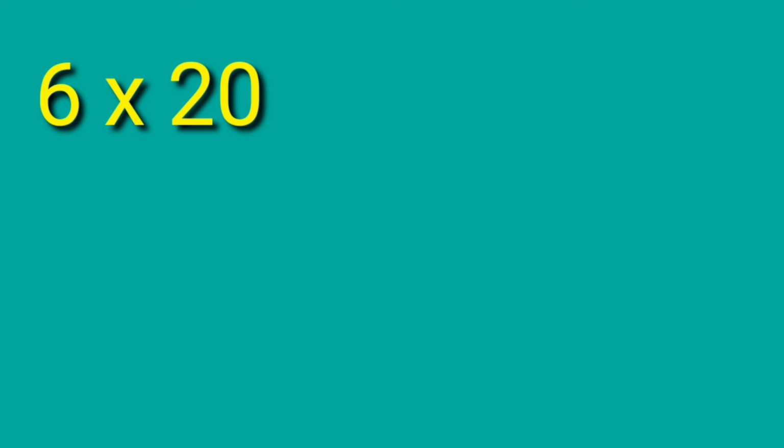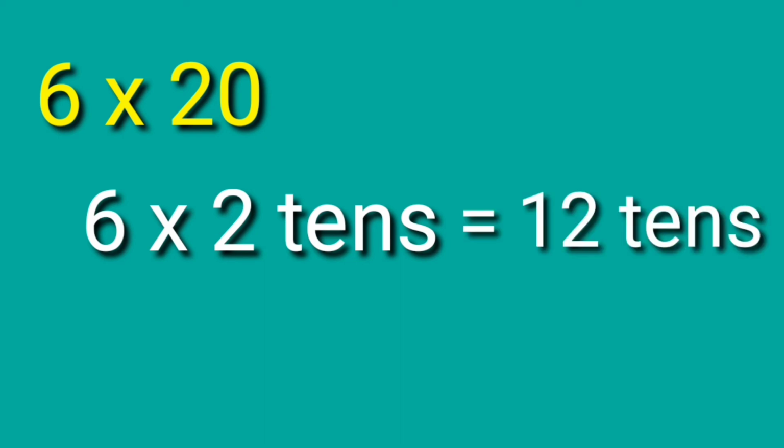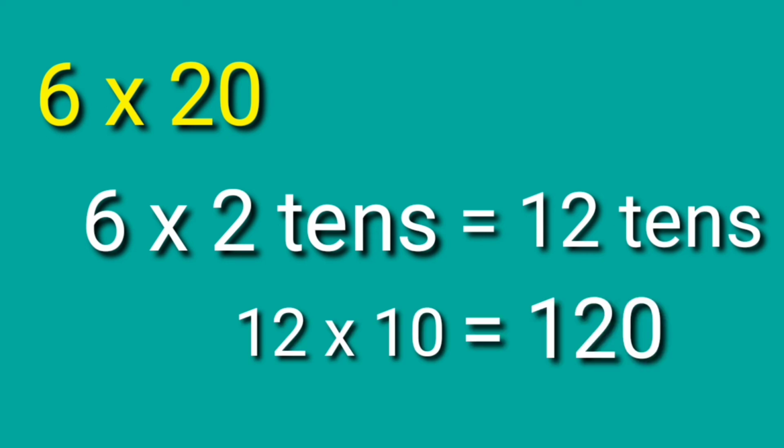Look children, here this 20 means 2 tens. So 6 into 20 can be written as 6 into 2 tens. Children, 6 twos are 12. Now we get 12 tens. Children, we know that 12 tens means 12 into 10, which is equal to 120. Here is the answer 120.